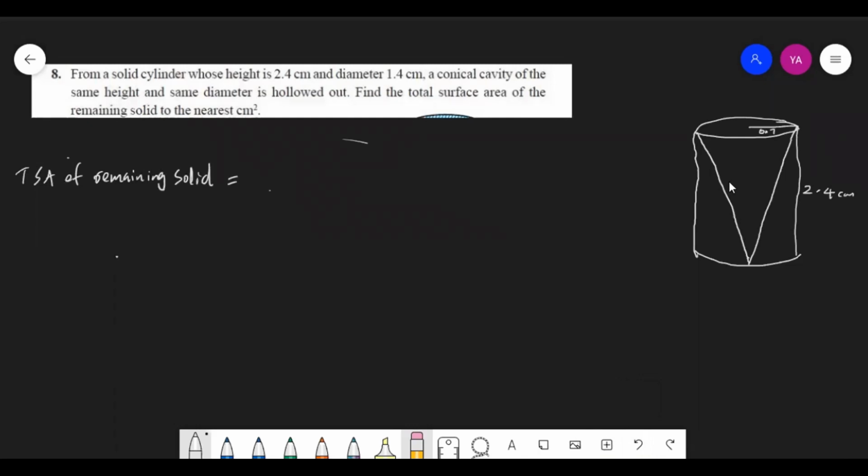This will be equal to, in two ways we can write it for the cylinder. One way: CSA of cylinder plus one base area of cylinder. Then we also want to add the CSA of the cone.